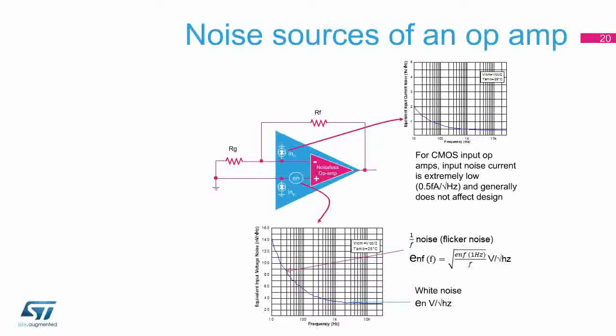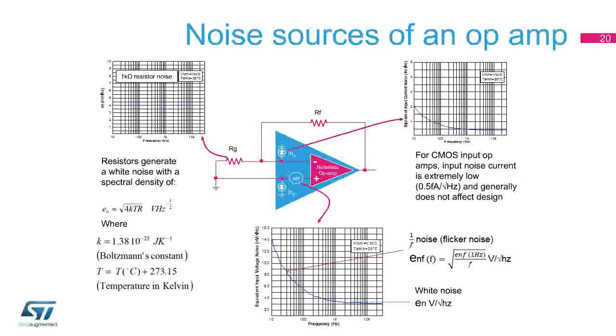But the input current noise for bipolar op-amps or chopper architectures is in the range of 100 picoamps per square root hertz. Resistors will also add white noise according to the equation square root of 4kTR. We can see that the greater the resistance, the higher the noise.